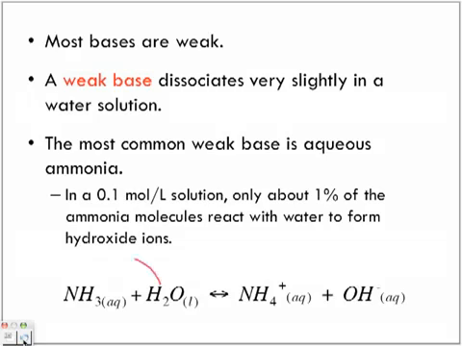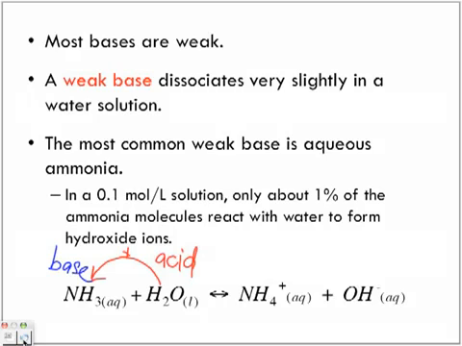So the water is going to give off a proton, the hydrogen proton, to ammonia, which makes the water act like what? An acid, exactly. So to recap last class's lesson, the water acts as the acid, and the ammonia here acts as the base.